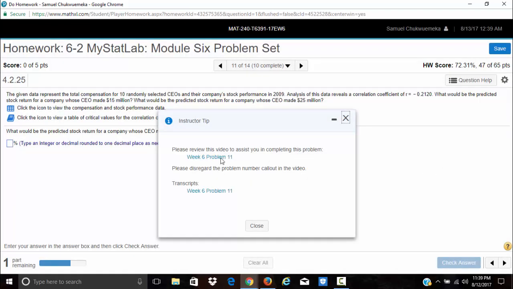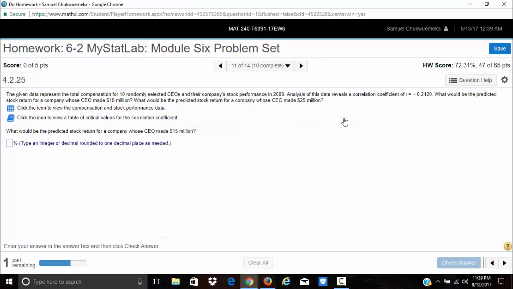Question 11, you can look at this later on. The given data represent the total compensation for 10 randomly selected CEOs and their company stock performance in 2009. Analysis of this data reveals a correlation coefficient of R is negative 0.2120.